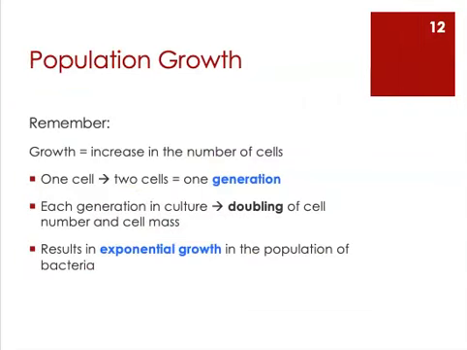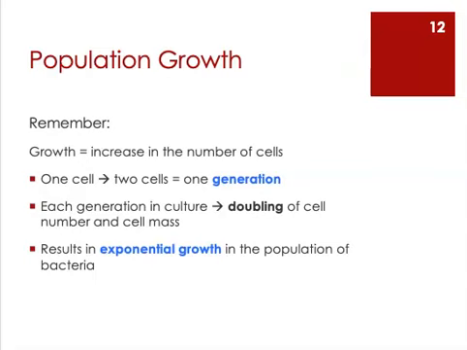I want to switch gears now and leave the subject of binary fission and start talking about bacterial populations and how bacterial populations grow. Remember, when we have a culture in the laboratory, we have many different individual parent cells in that culture. And as each one of those parent cells starts to go through binary fission, creating daughter cells, we're going to see that whole population of cells increase in size.